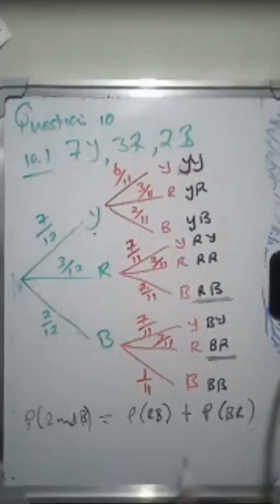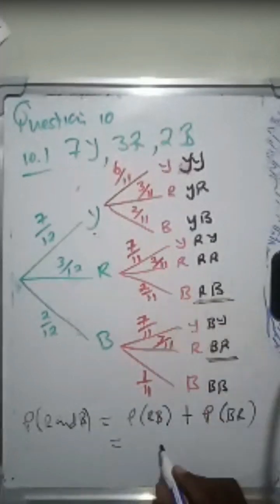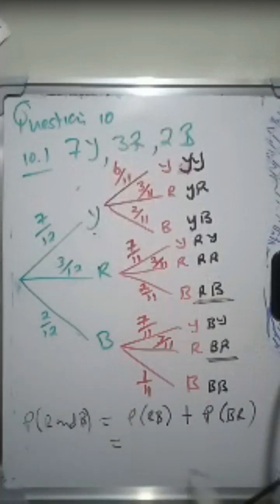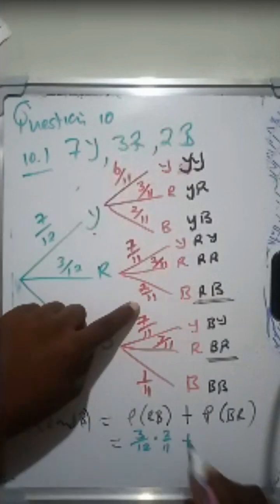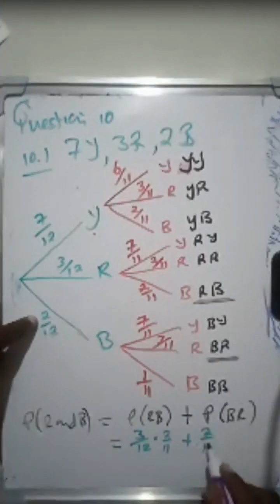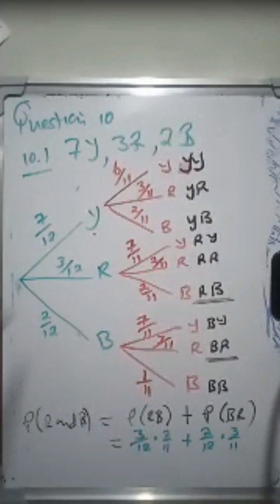Okay? So what is red and blue there? That is going to be 3 over 12 times 2 over 11 plus the other one, 2 over 12 times 3 over 11.